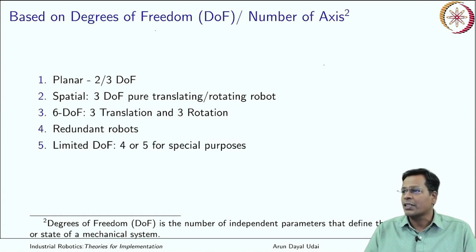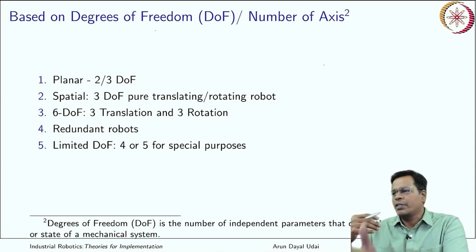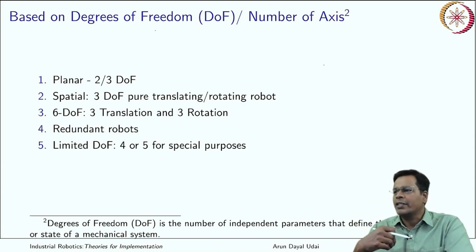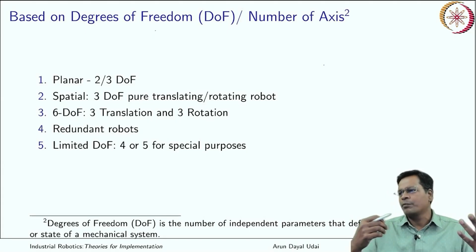So there are few special kinds of robots which have just 4 or 5 degrees of freedom. You don't need to have all the degrees of freedom for any kind of job. Like for your engineering drafter, you just needed 2 degrees of freedom. You don't want 3 degrees of freedom. You know you have to be on that plane all the time. So you don't want to have more than 4 or 5 degrees of freedom, right?